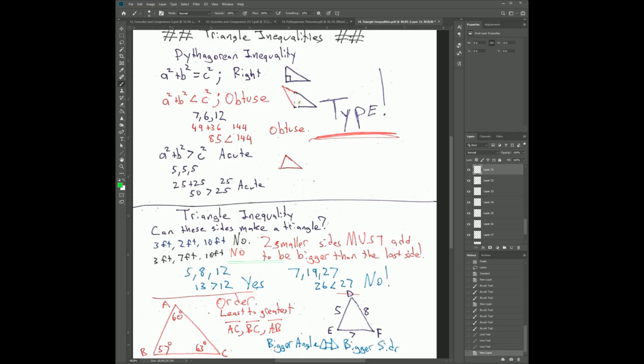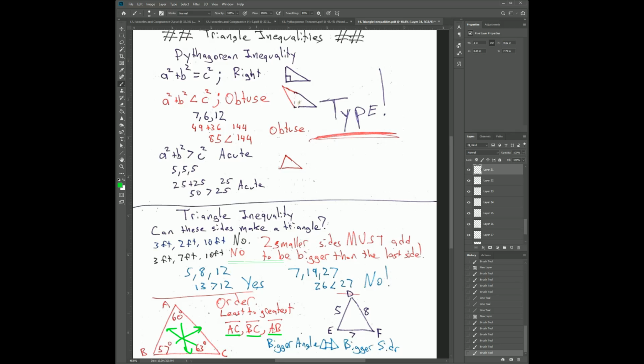And then you're going to go across. Like 57 is the smallest. Boom. That opposite side is the smallest. AC. Look for the next smallest angle. 60. Boom. What side was that? BC. Boom. 63 was the largest angle. Go across from it. Boom. AB is the biggest.